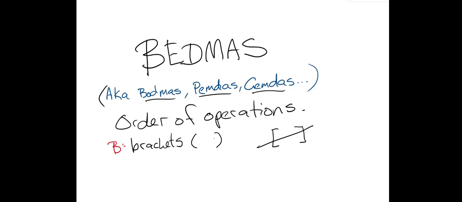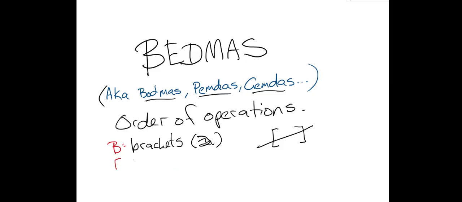Sometimes in American videos you may see these being called parentheses. It means the same thing, rounded brackets. We do whatever is inside those brackets first, before we do anything else, and then we continue afterwards.